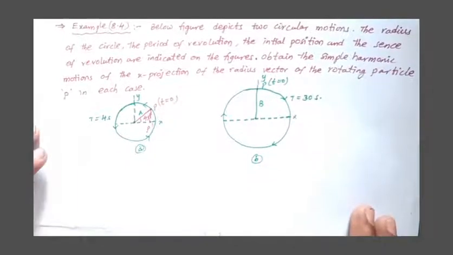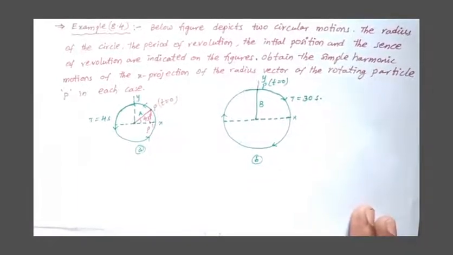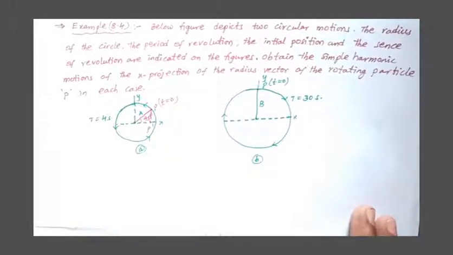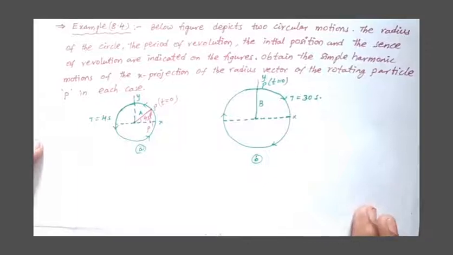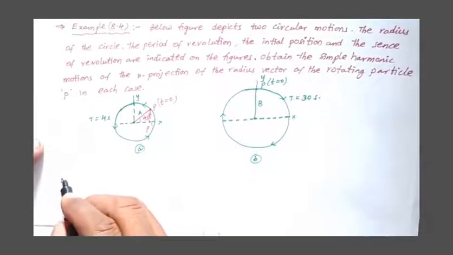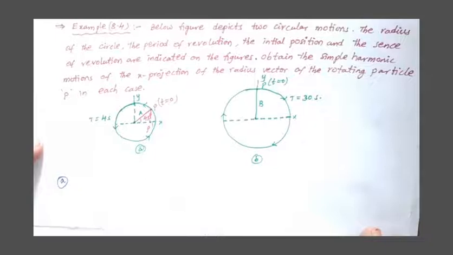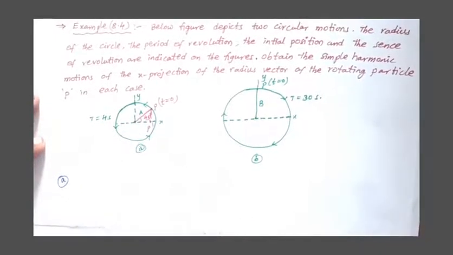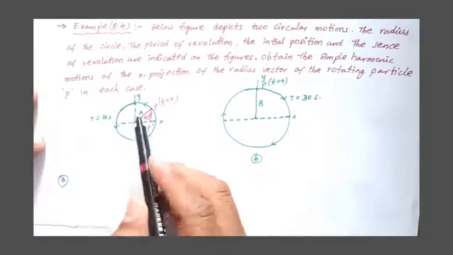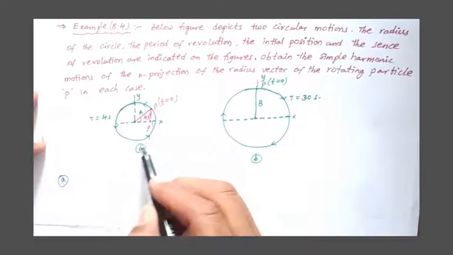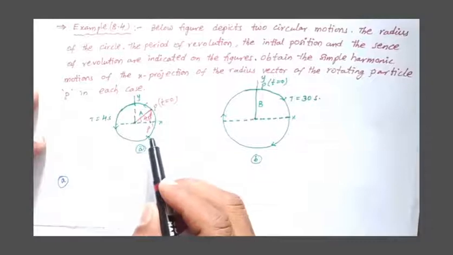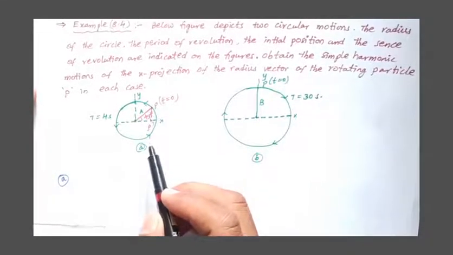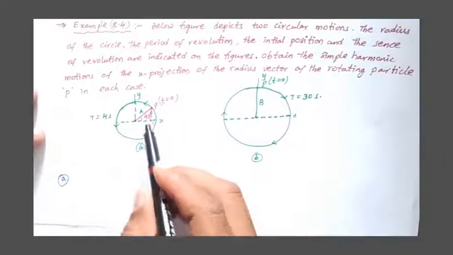Okay, obtain the simple harmonic motion of the x projection, so along the x direction. First of all, we can find A. Here we consider the A diagram. This A diagram consists of a circular motion in the anti-clockwise direction.